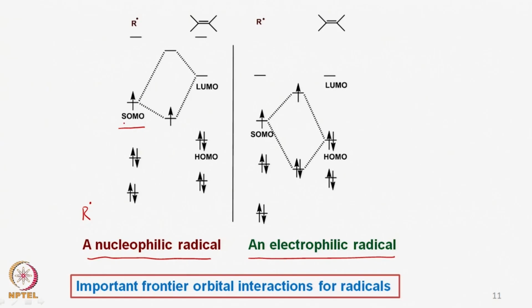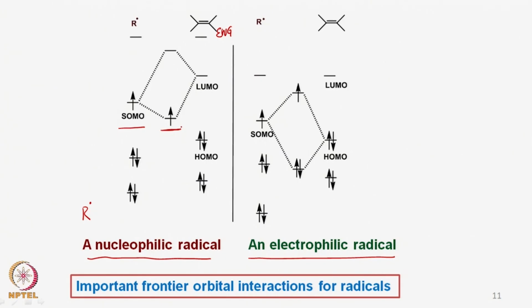And complementarily, if the olefin has an electron withdrawing group attached, then of course its LUMO would be of a lower energy, and therefore there is a possibility of interaction of the SOMO, that is singly occupied molecular orbital, with the LUMO, that is lowest unoccupied molecular orbital, because the energy gap would be less, and therefore the reaction occurs and then the product forms of this type.